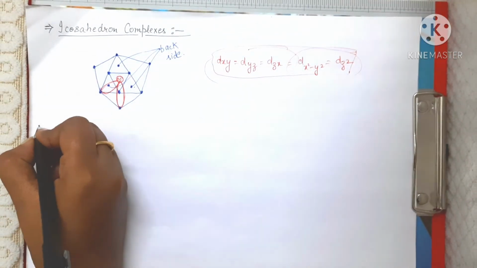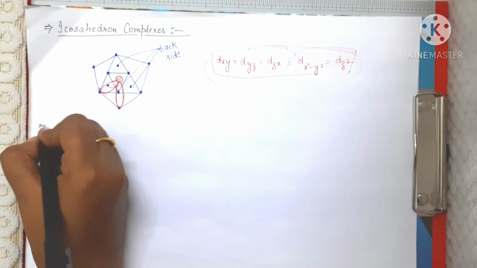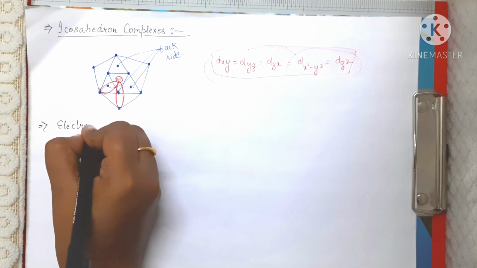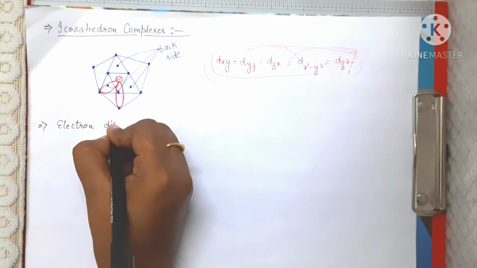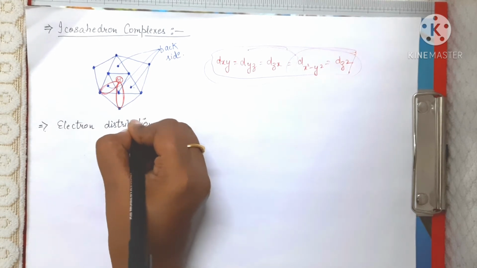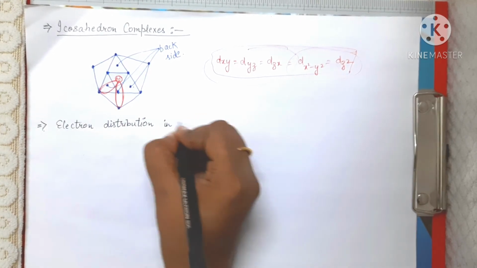So the next topic which we are going to study is electron distribution in tetrahedral complexes.